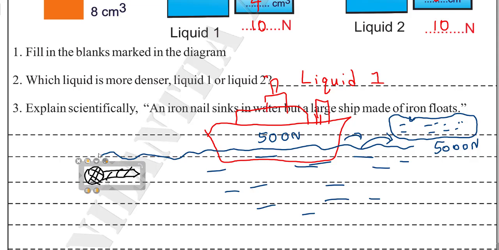Suppose we can say 1 Newton of water is displaced because of the iron nail, according to the volume. The volume is smaller, but the weight is greater, children. The weight of the iron nail, children, is 2 Newton.